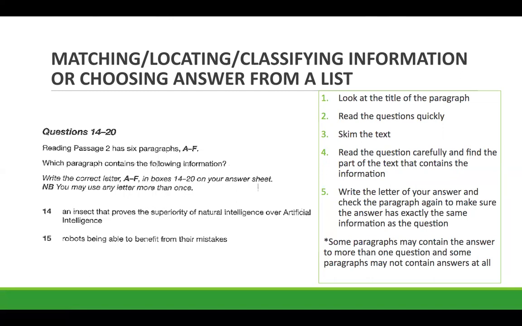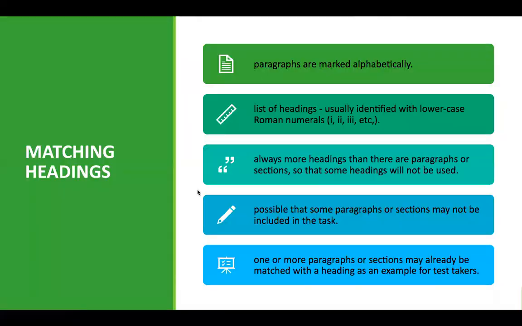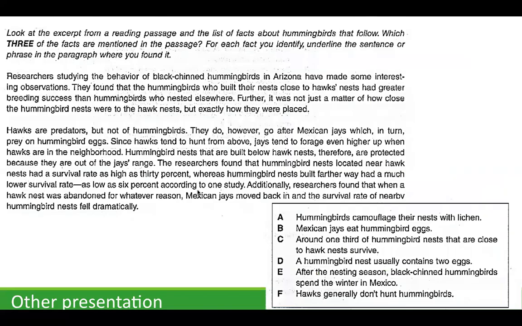Write the letter of your answer and check the paragraph again to make sure the answer has exactly the same information as the question. So some paragraphs may contain the answer to more than one question, and some paragraphs may not contain answers at all. So you have to be extra careful. So here is our example.